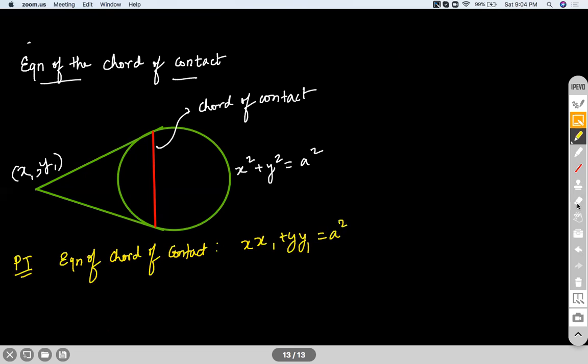Now this must surprise you, because wasn't this the equation of the tangent also? But this time x1 y1 is not on the circle, it is outside the circle. So even if the same equation is used, it doesn't mean you're getting the tangent, because x1 y1 is external to the circle. Can you prove this?